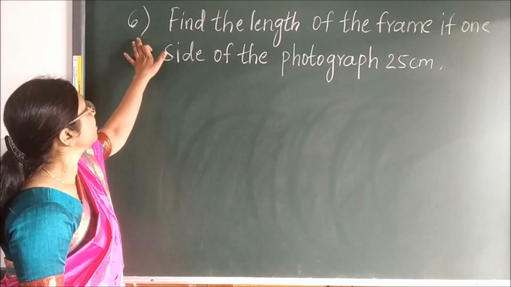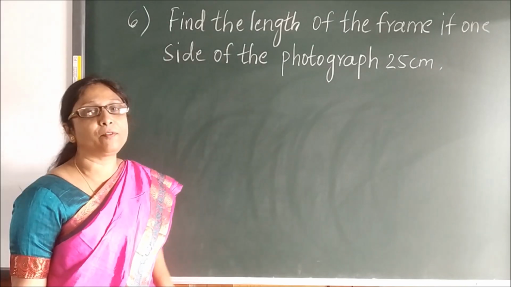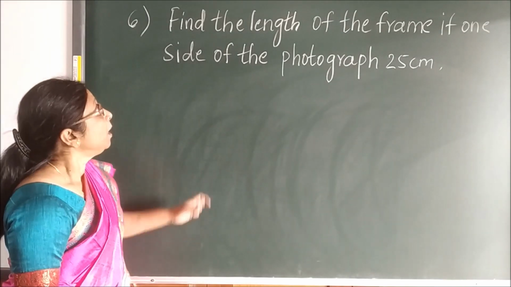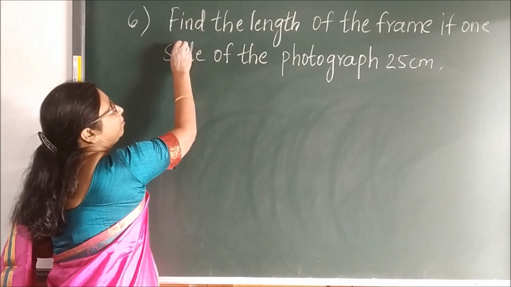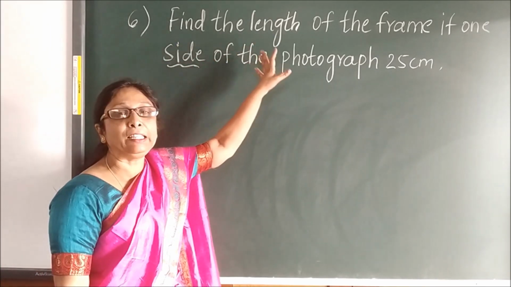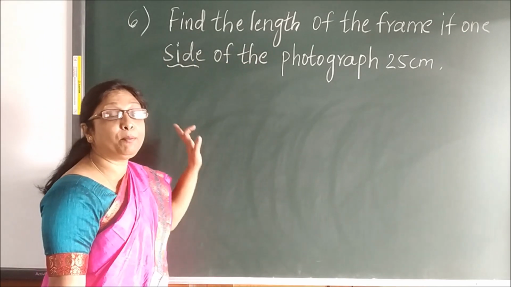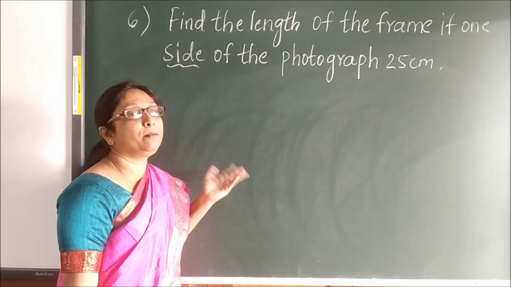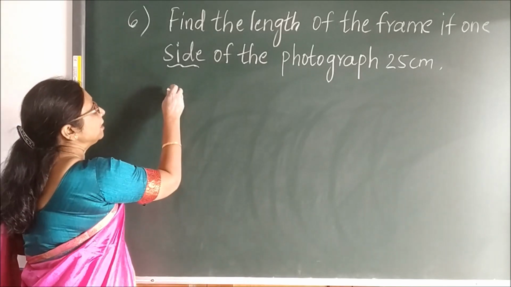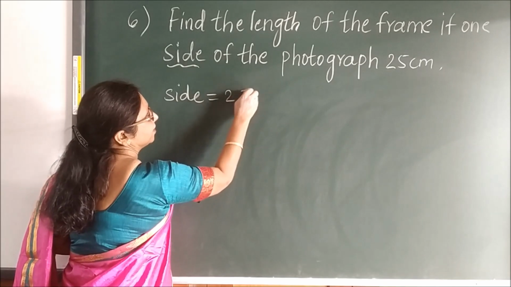Now here 6, find the length of the frame if one side of the photograph is 25 centimeter. Now here you see side is given, and you have to find length. Length indicates perimeter. Here only side is given, that means perimeter of what you will find? Perimeter of square. In this way you have to detect everything. Side is what? 25 centimeter.